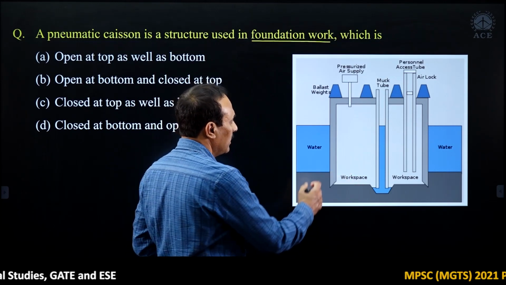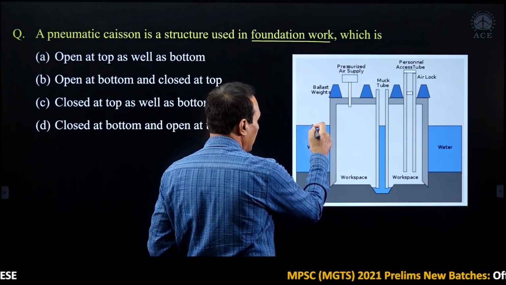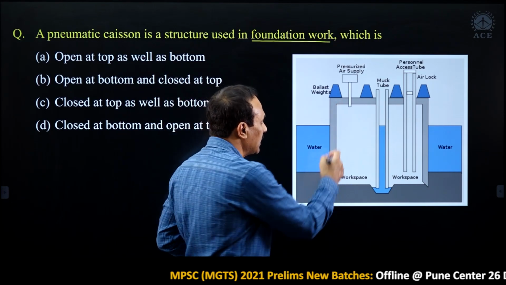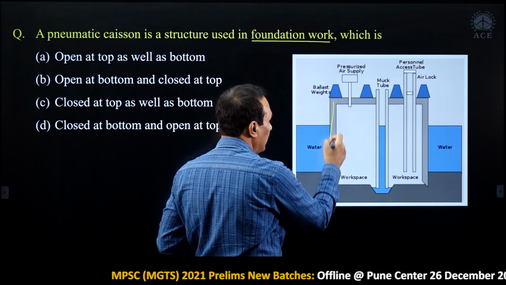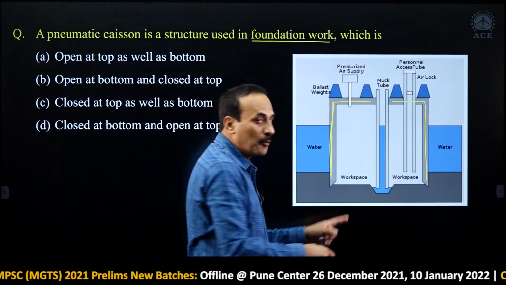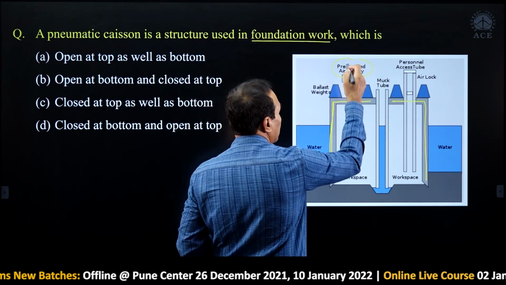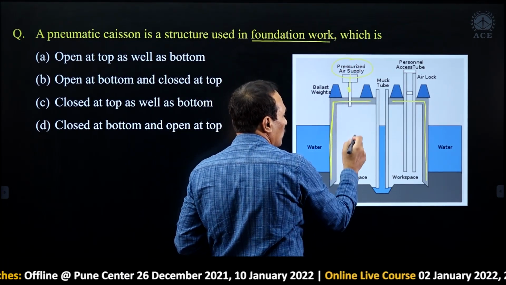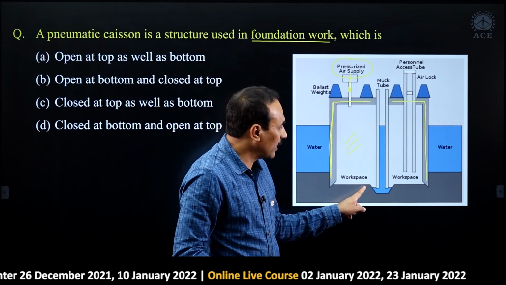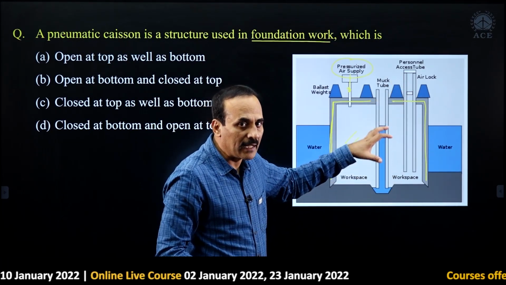So, you see here, water is running and sandy soil will be there. If you want to sink the caisson, this pressure caisson or pneumatic caisson is, you see, closed on the top and open at the bottom. You supply pressurized air inside, so that the pressure builds up inside, and the sandy soil in the workspace will be thrown away, taken out.